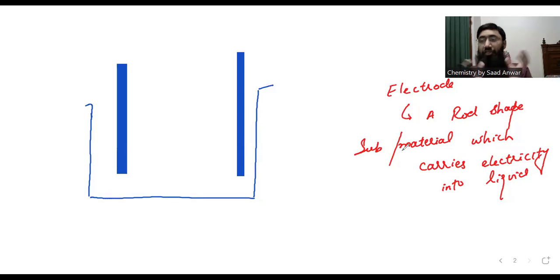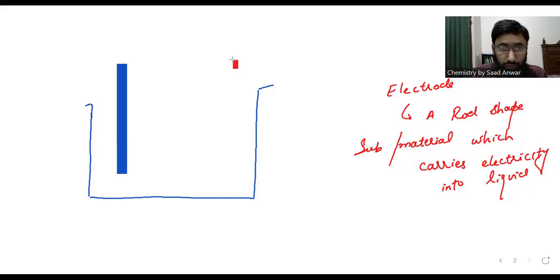These are two electrodes. This one, let me draw with blue color. This one is another electrode.